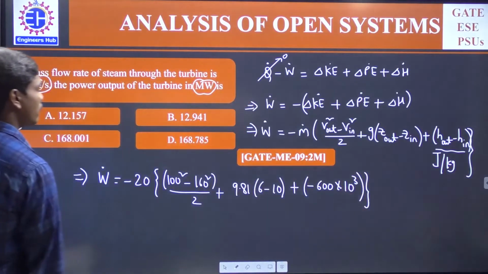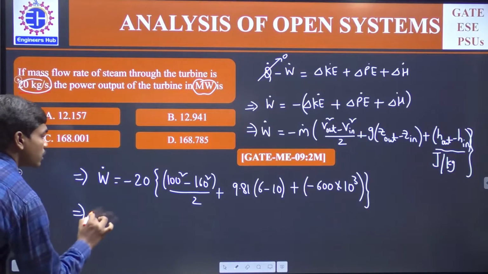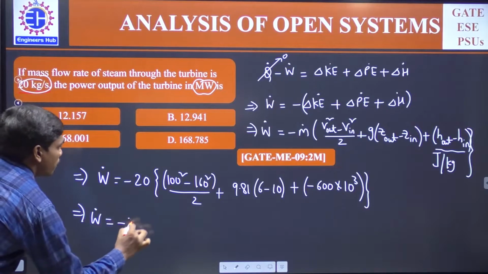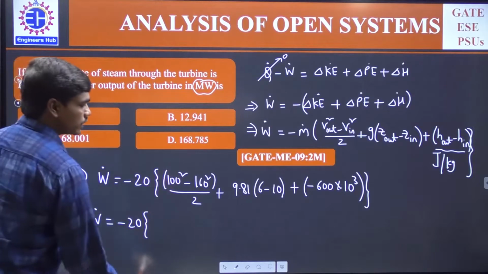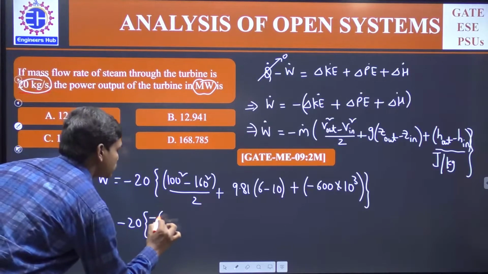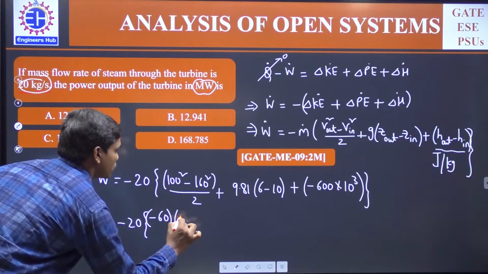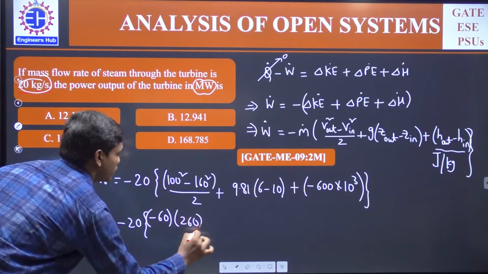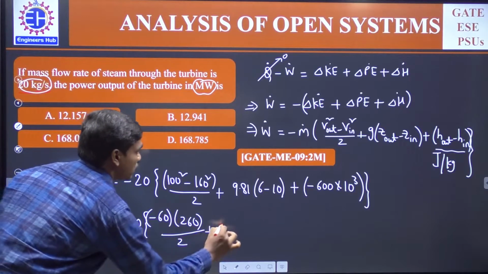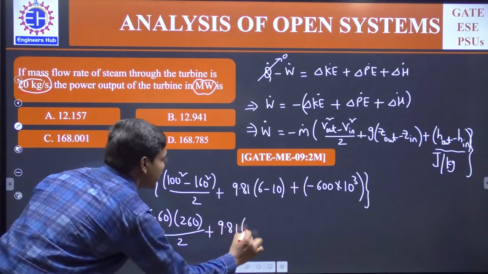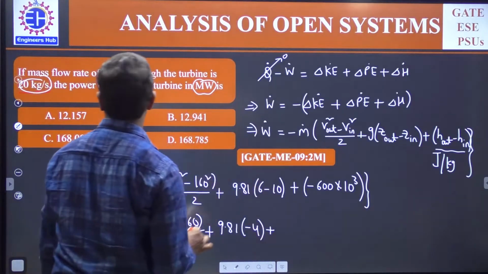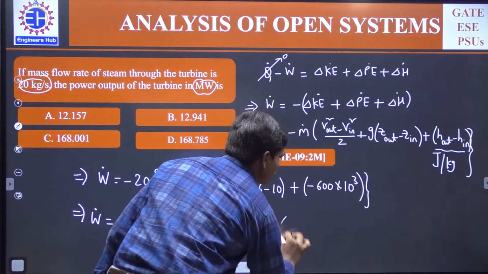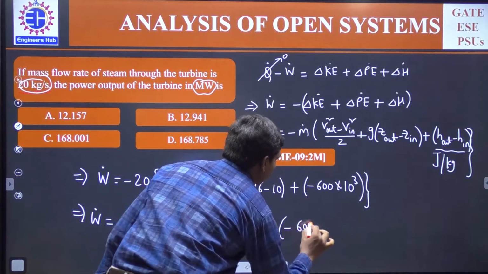So now let us evaluate this value. W dot is equal to minus 20 into 100 square minus 160 square, which can be written as minus 60 into 260 divided by 2, plus 9.81 into minus 4, plus minus 600 into 10 cube.